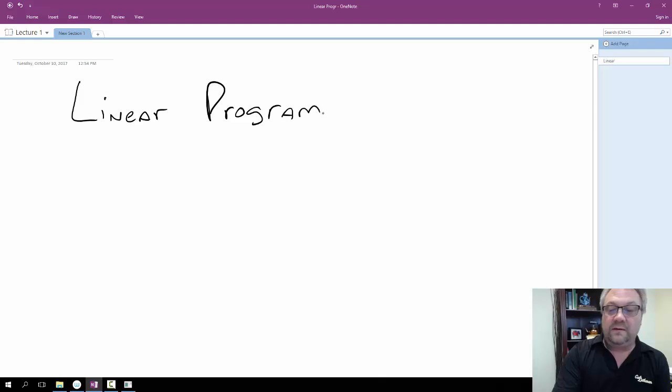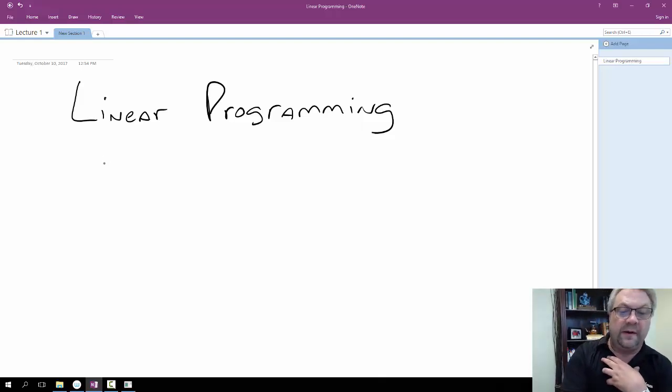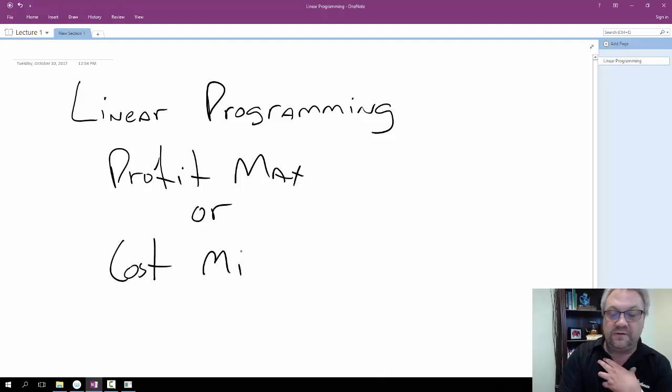And what is linear programming all about? Well, its most common uses, which perhaps you have heard about, is things like profit maximization, right? Or cost minimization.